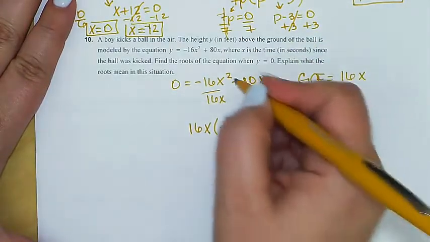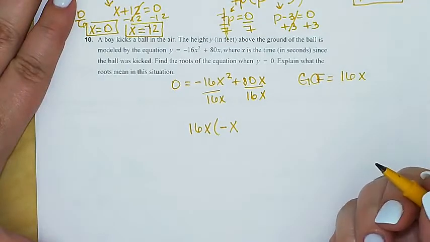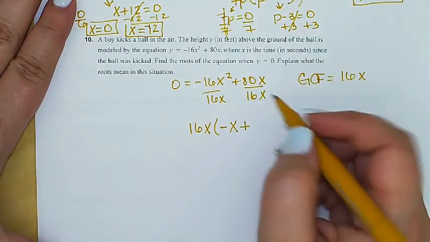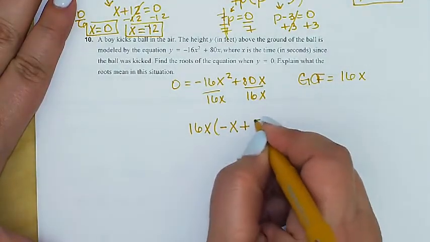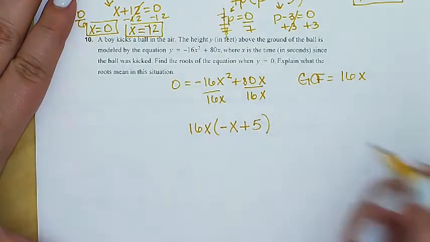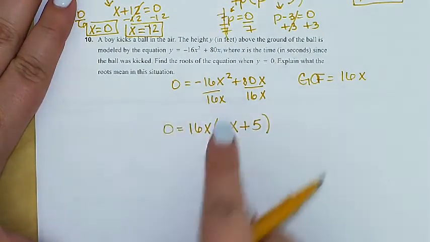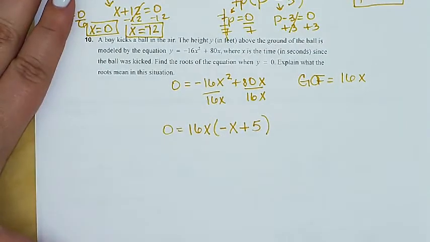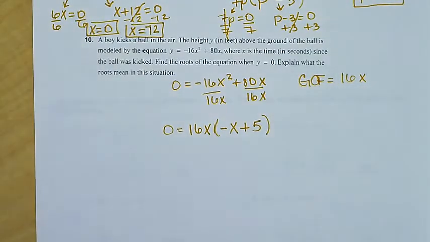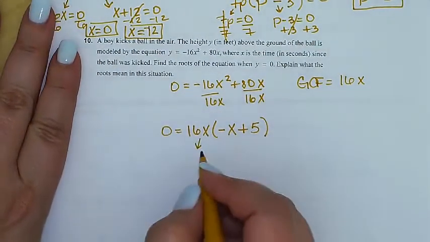Here, I still have that negative and an x. Plus, and then here, 80 divided by 16 is 5, and x divided by itself goes away. So this is now the same expression, but factored out, and I can use the zero product property.